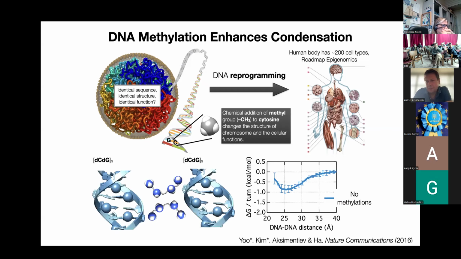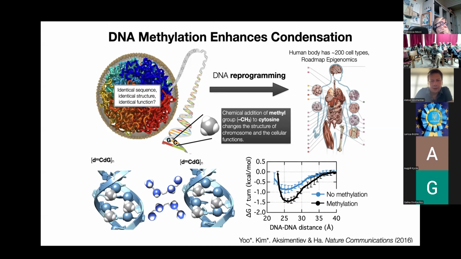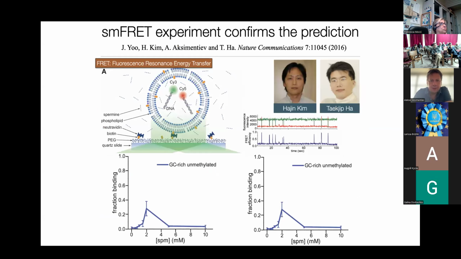We repeated our simulations for DNA containing methylated cytosine, and indeed we find that with methylation we see much stronger attraction. That would have been a nice computational paper if it wasn't for the fact that we were at that time on the same floor as T.J. Ha, who is like a god of single molecule FRET.